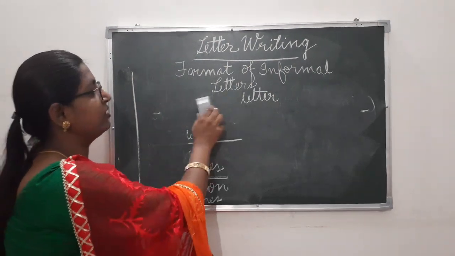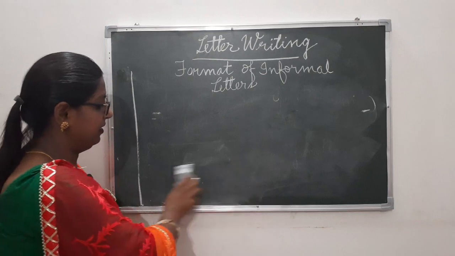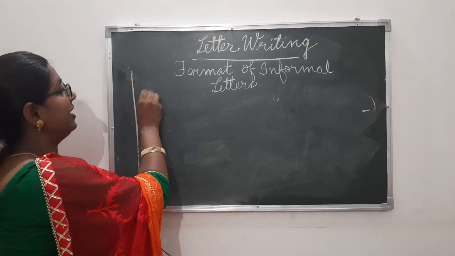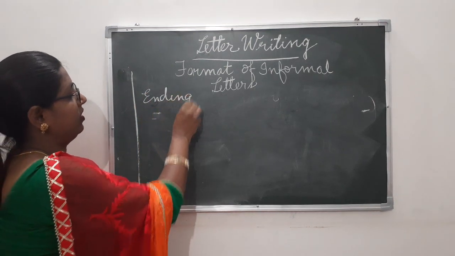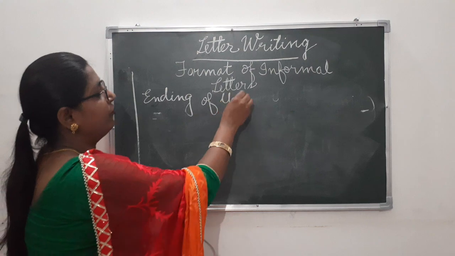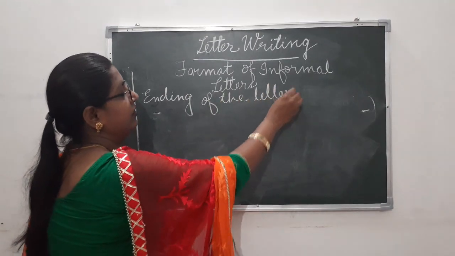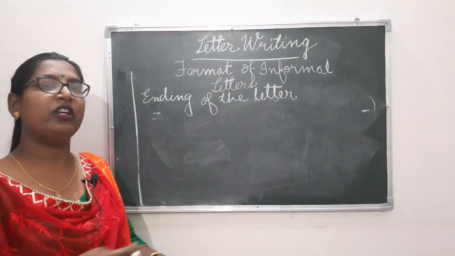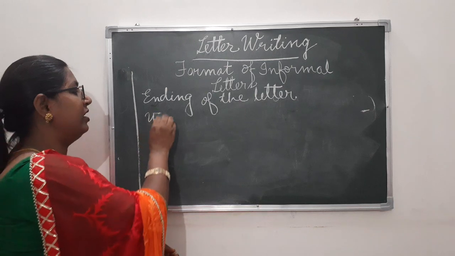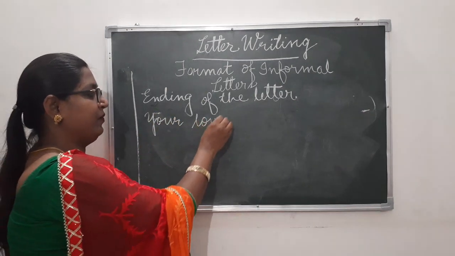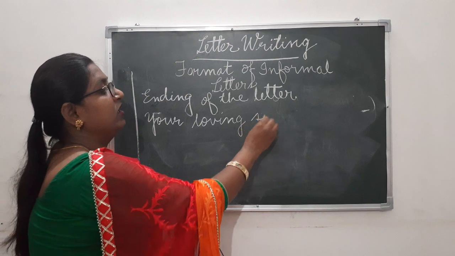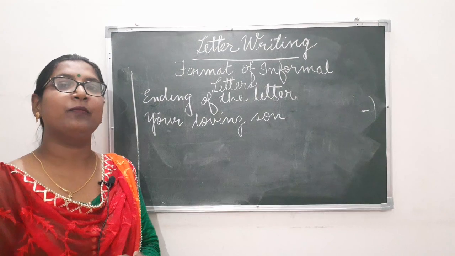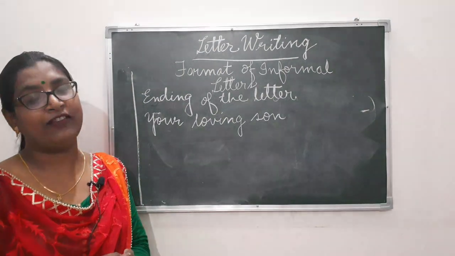After the body of the letter comes the ending of the letter, which is also known as the complementary clause. We use words like your loving son or your loving daughter, yours affectionately, yours truly, your loving sister.